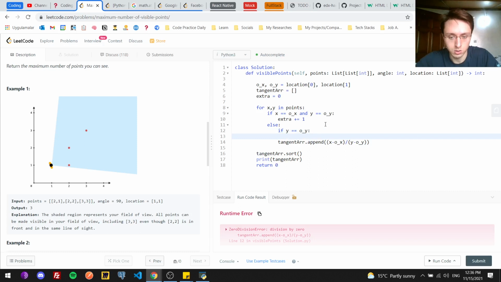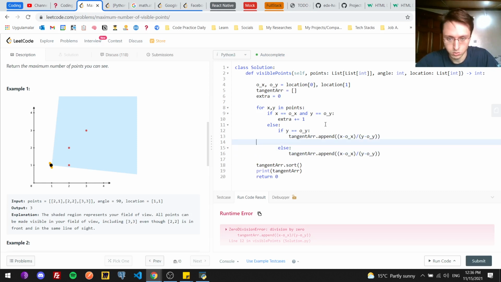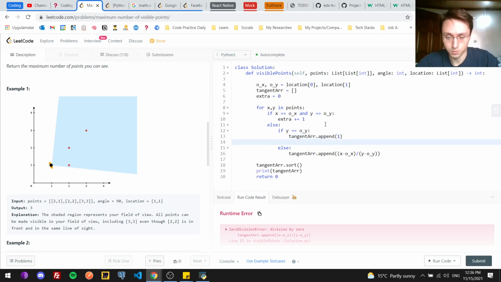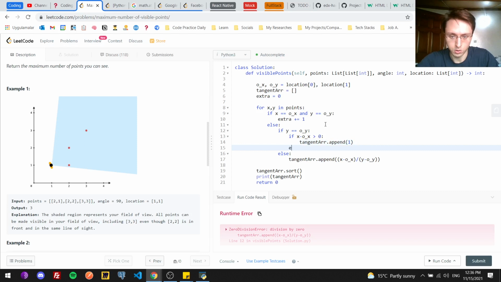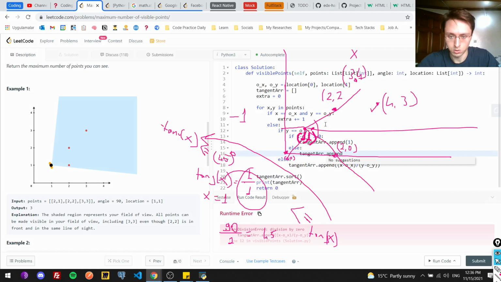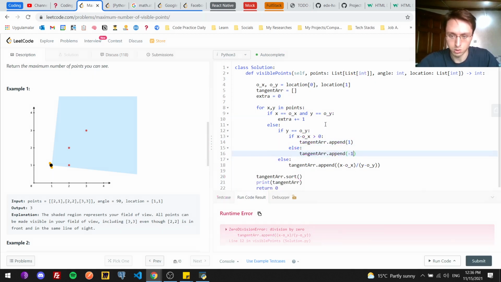We just append 1 here, and also if x minus origin x is greater than 0, else tangent array append, okay, let's do like this, and minus 1.